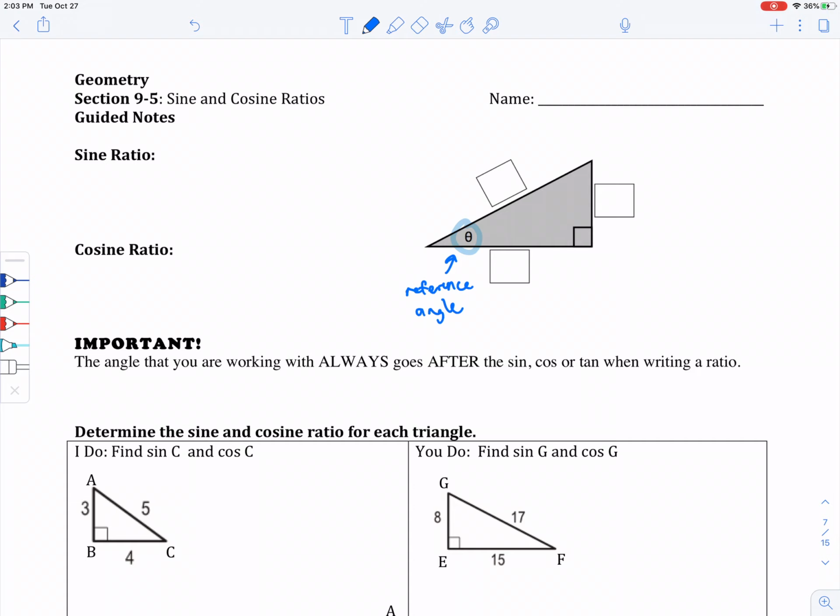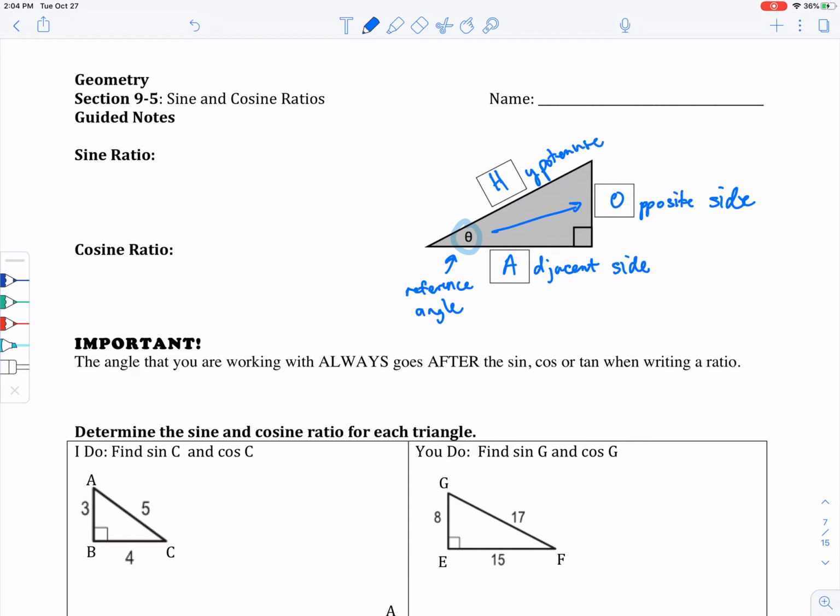To find the opposite, it is going to be across or opposite sides of the angle, so it's across from it, and adjacent being next to the angle. And then we have hypotenuse. Hypotenuse will always be across from the right angle.